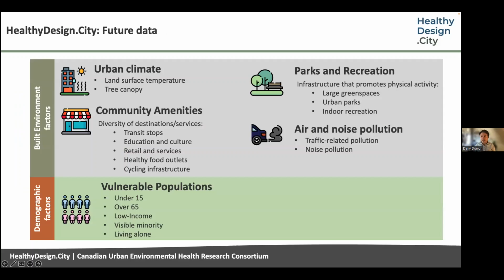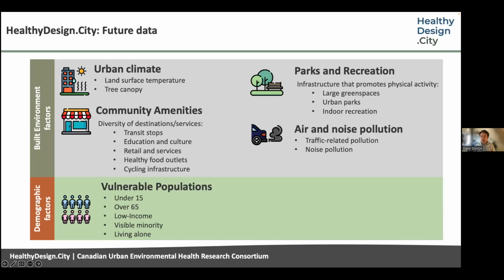I'll now finish on this slide, which gives you an overview of the 4 data themes that will be included in the upcoming versions of both Healthy Place and Healthy Plan, which we will be releasing at the end of this year. So urban climate, I showed in the demonstration, we're including land surface temperature and tree canopy cover.